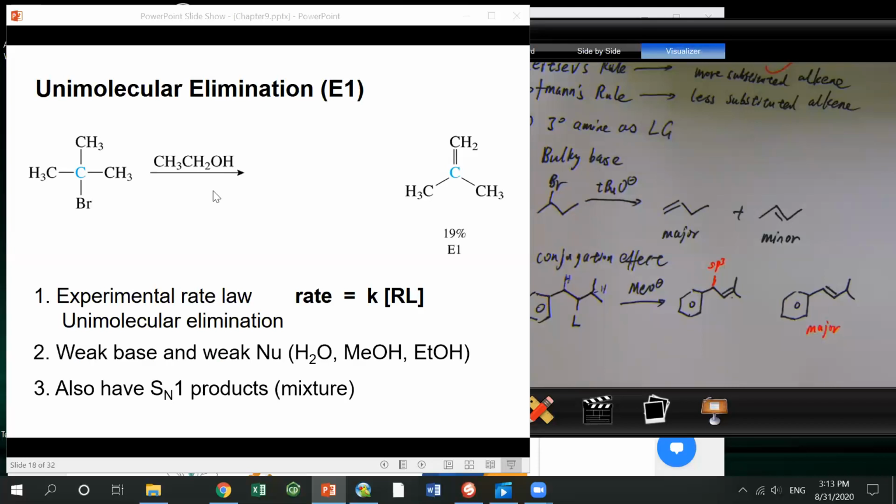Also, for E1 elimination, normally only a weak base, weak nucleophile can do the work, like neutral molecules such as water, methanol, ethanol, some kind of alcohol. It does not require a strong base.